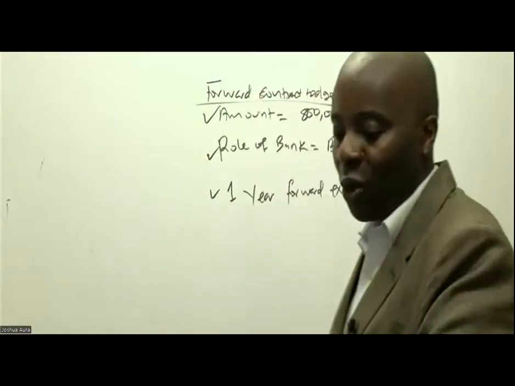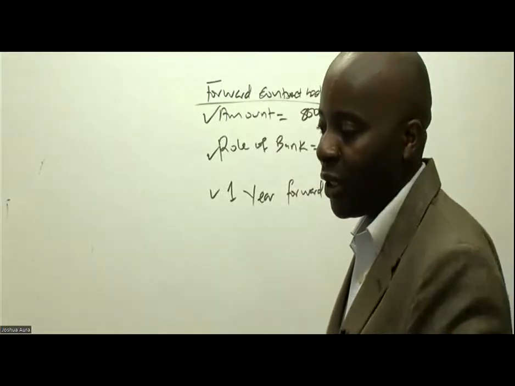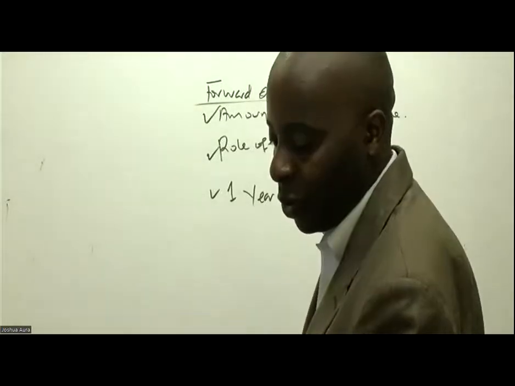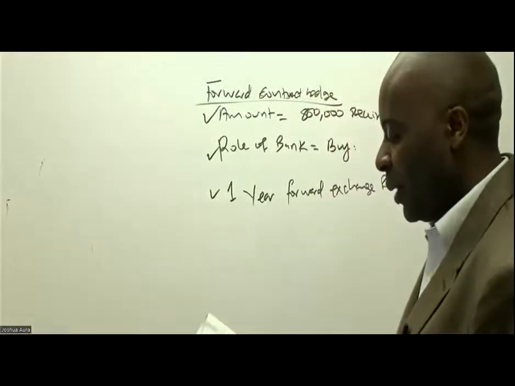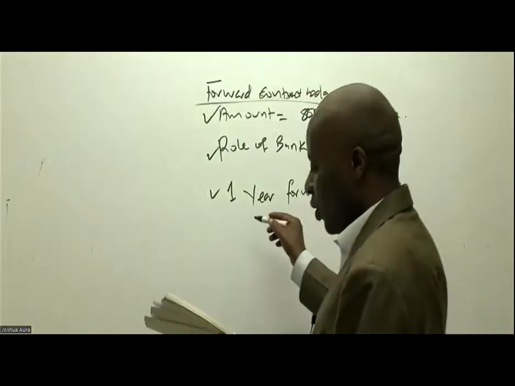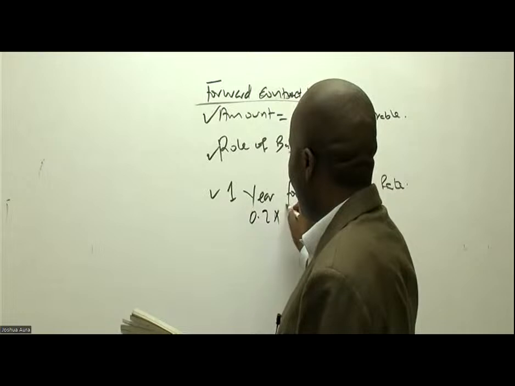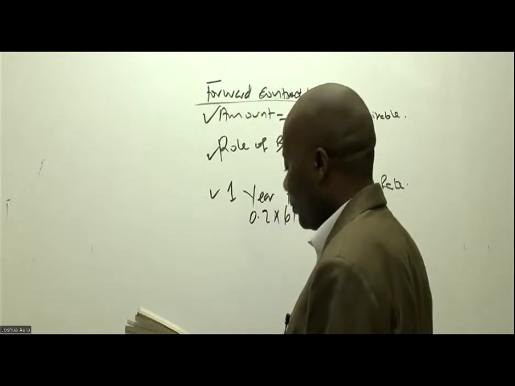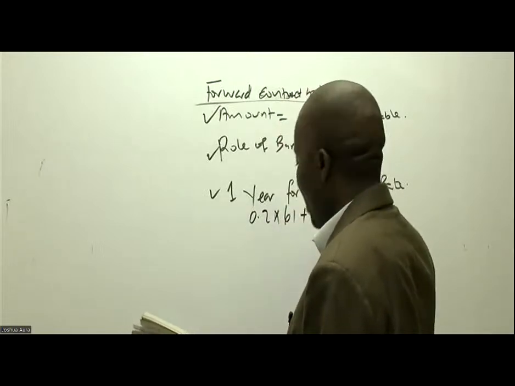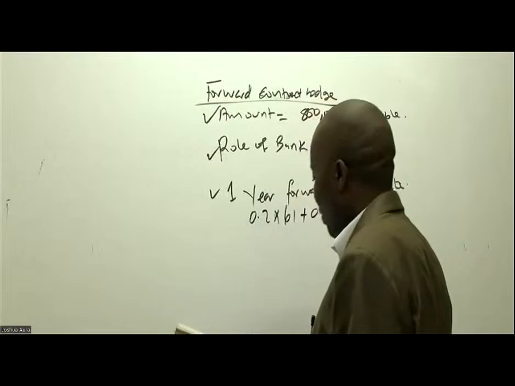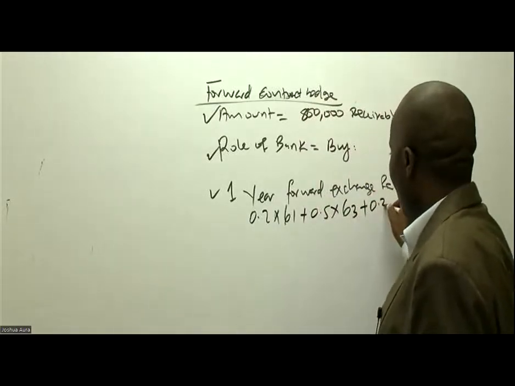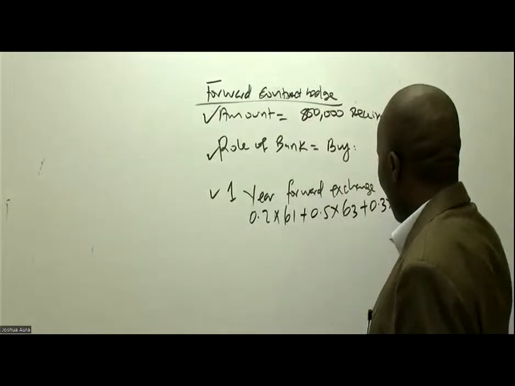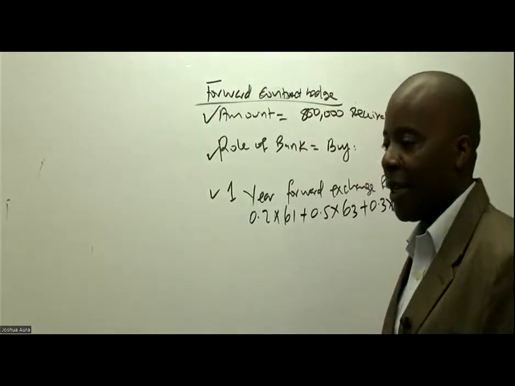So in short, I'm supposed to get an average of the 3, because I'm seeing probability. So I'll take 0.2 times 61 plus 0.5 times 63 plus 0.3 times 67. Could you kindly give me an answer here?